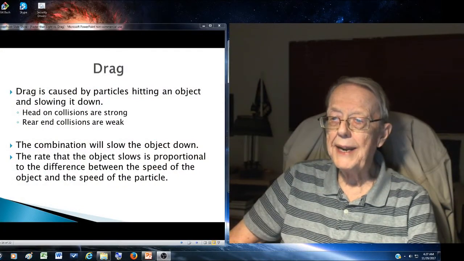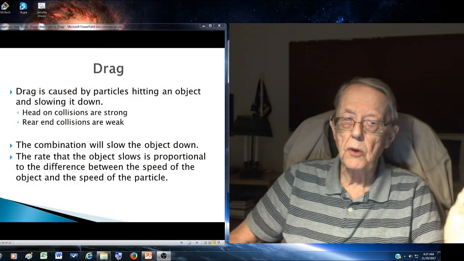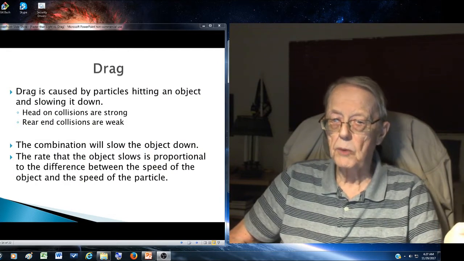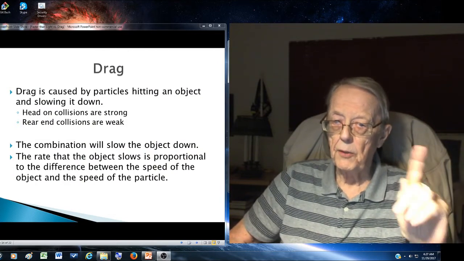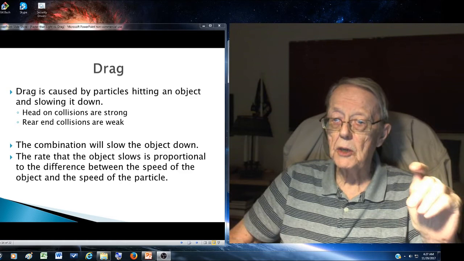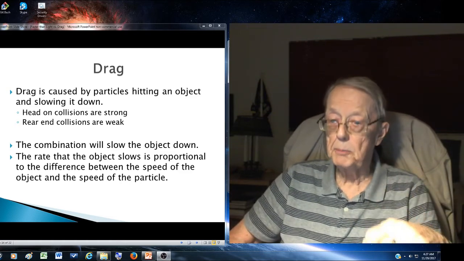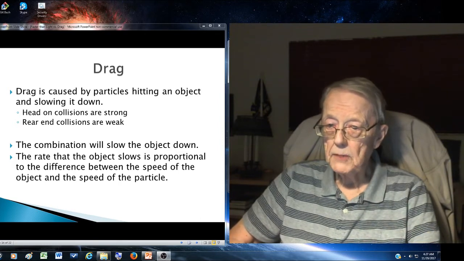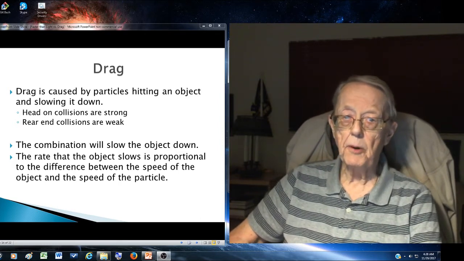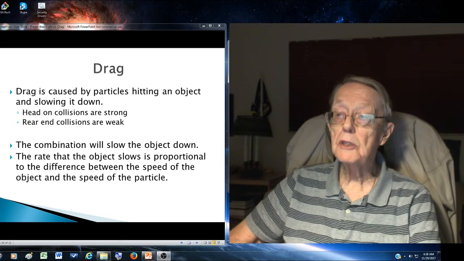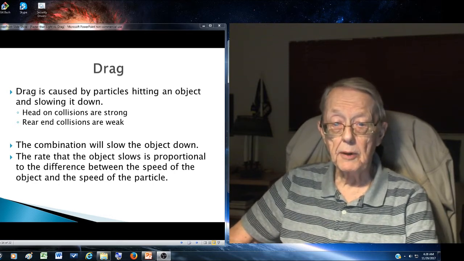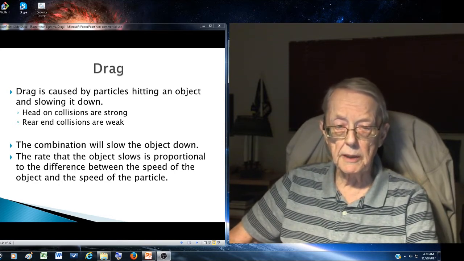It's a combination of those two effects which will slow an object down. The rate at which it slows is proportional to the difference between the speed of the object and the speed of the particle. That's important in terms of how much slowdown an object will have.